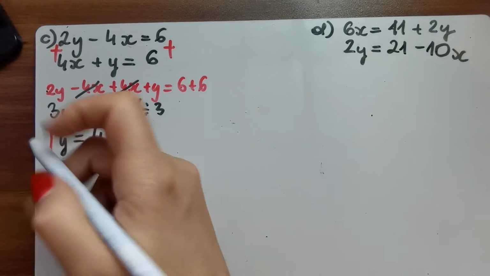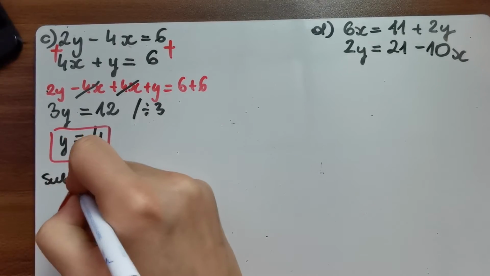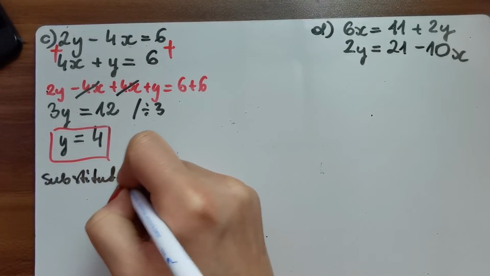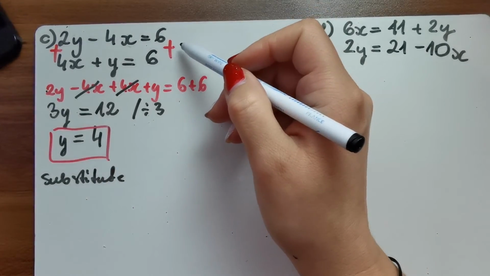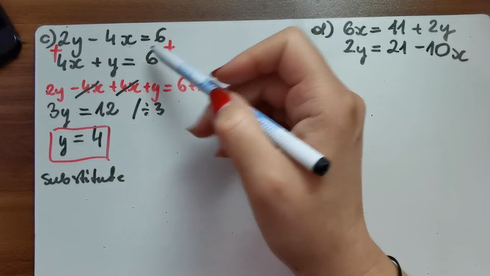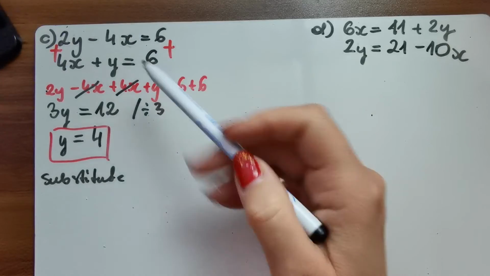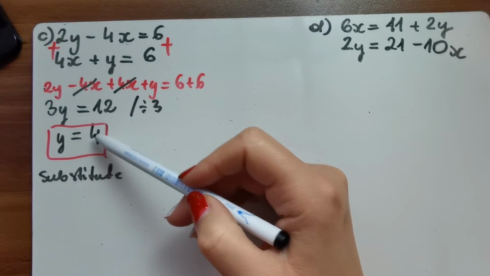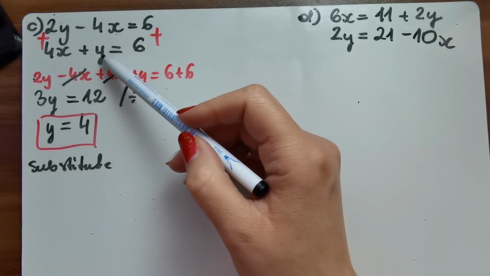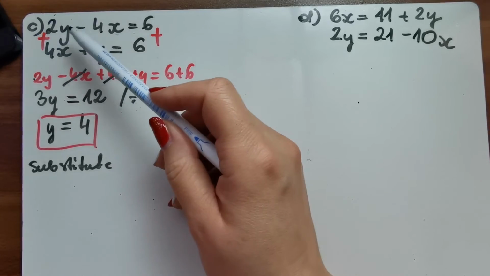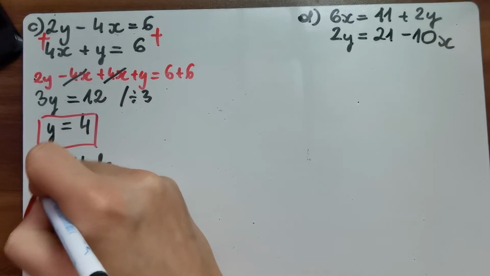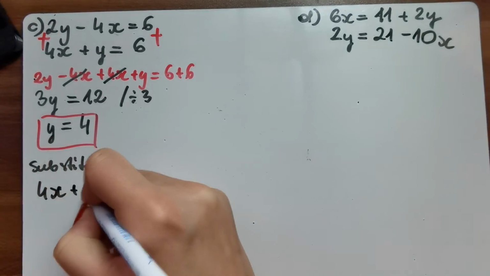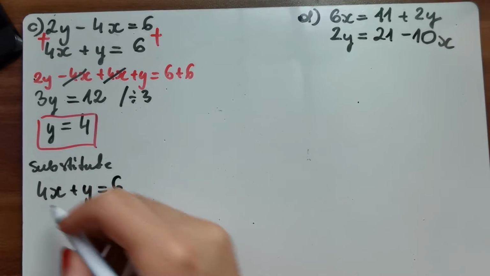So now we need to substitute y into any of these equations. I think that I will choose the second equation because we are substituting y, and in the second equation we have only one y, so I will not have to multiply by 2. So 4x plus y is equal to 6.